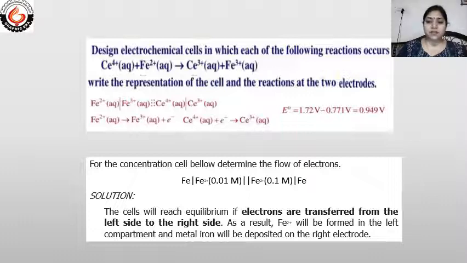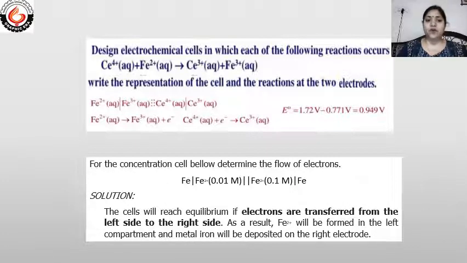Reduction takes place at Ce, whereas Fe2+ is converted to Fe3+, which means oxidation takes place at Fe2+. So according to the rule, Fe will act as anode and Ce will act as cathode. We will place Ce on the right side and Fe on the left side.